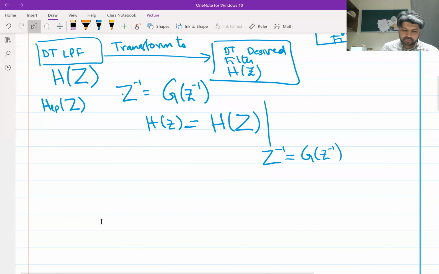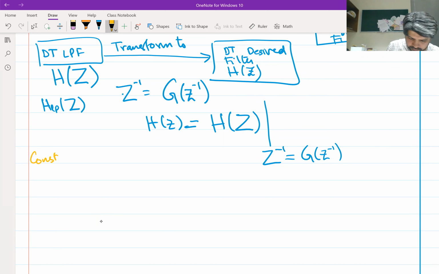Okay. So there are some constraints on these transformations. Number one, G of z inverse must be a rational function of z inverse.